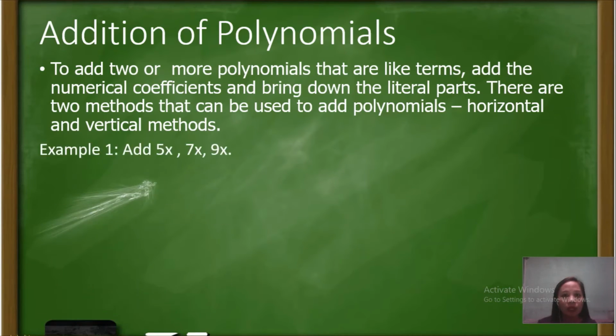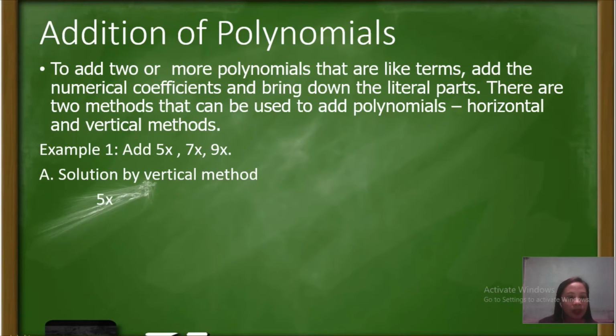Okay, we have here example number 1, add 5x, 7x, and 9x. So we can use the two methods, that is the horizontal and vertical methods. For this, we're going to use first the vertical method.